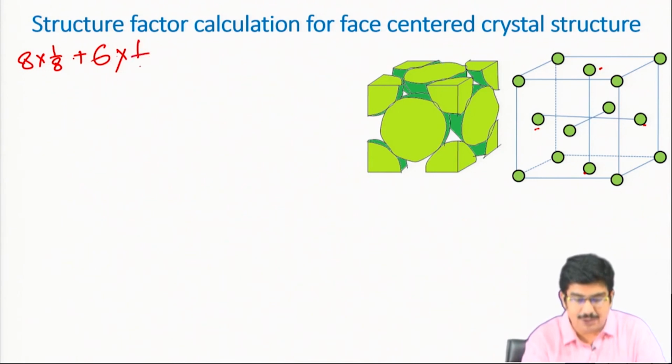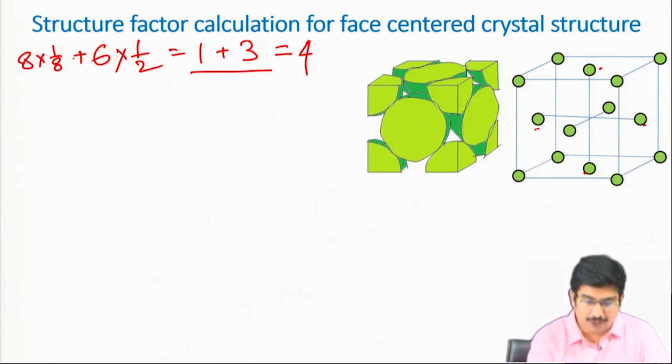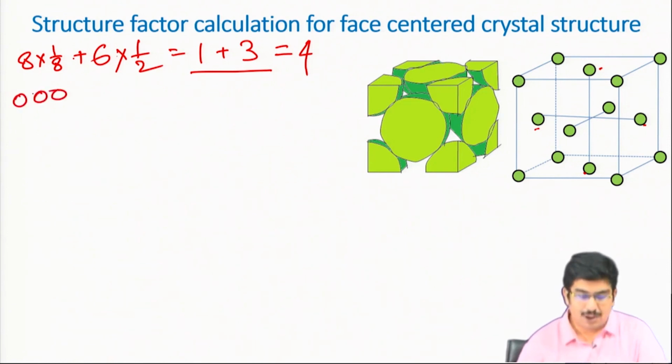So their contribution here is half. Altogether we have 1 plus 3, a total of 4 effective atoms in case of a face centered crystal structure. Of course this corner one will have 0 0 0, by now we all know this.